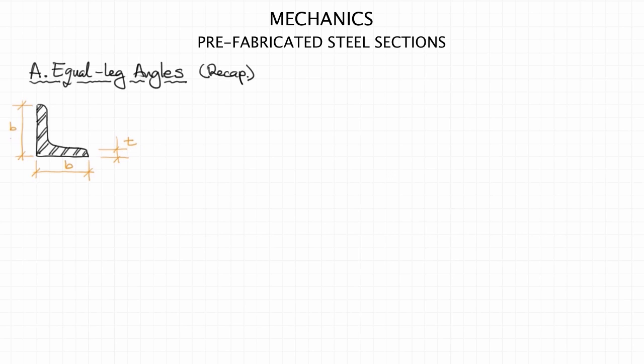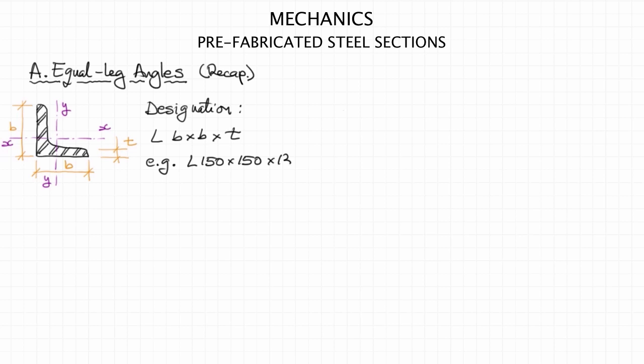So both of those components of the sections called legs have the same dimension B. The other property is the thickness of the wall of the section, which is T. Therefore, we designate a section like this with a capital letter L indicating an angle, and then its dimensions B times T. So for example, angle 150 by 150 by 13 millimeters.